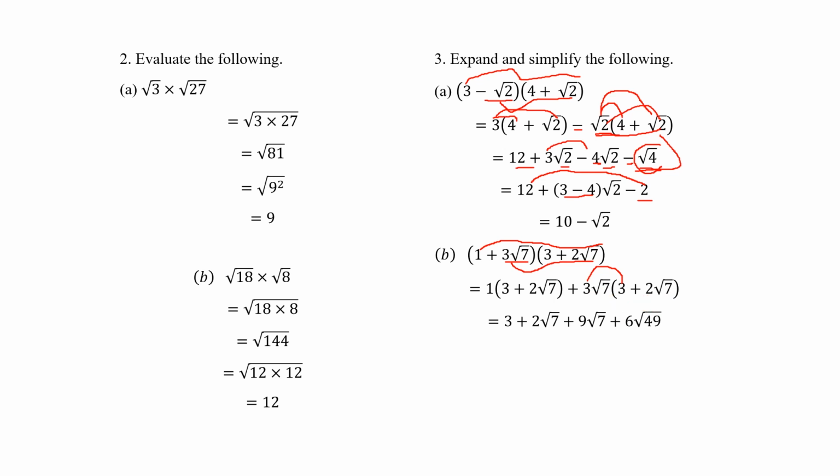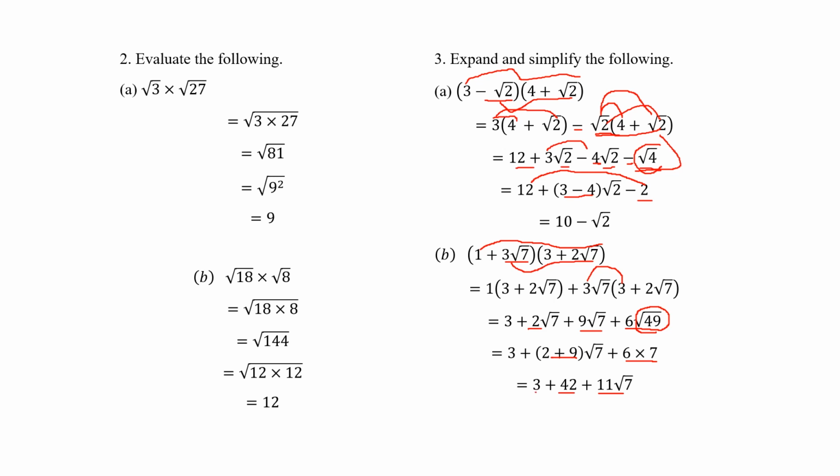Then on the next step, we are going to add like terms, this to that, the 2 plus 9 into root of 7, then the 6 times the 7, because square root of 49 is 7, which is that. Then when we add this, we have 11, then 6 times 7 is the 42.